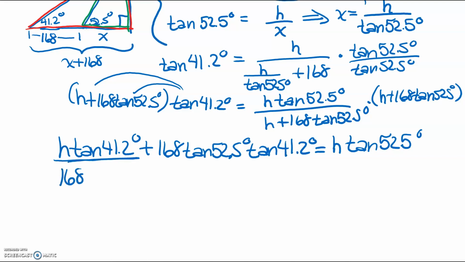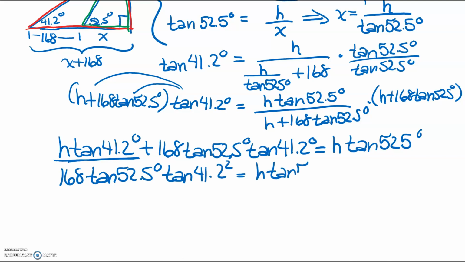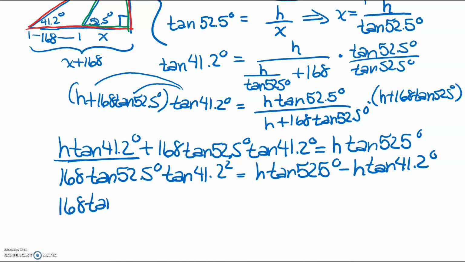So I have 168 tangent of 52.5 degrees, tangent of 41.2 degrees, that equals h tangent of 52.5 degrees minus h tangent of 41.2 degrees. Now I'm going to factor out the h.